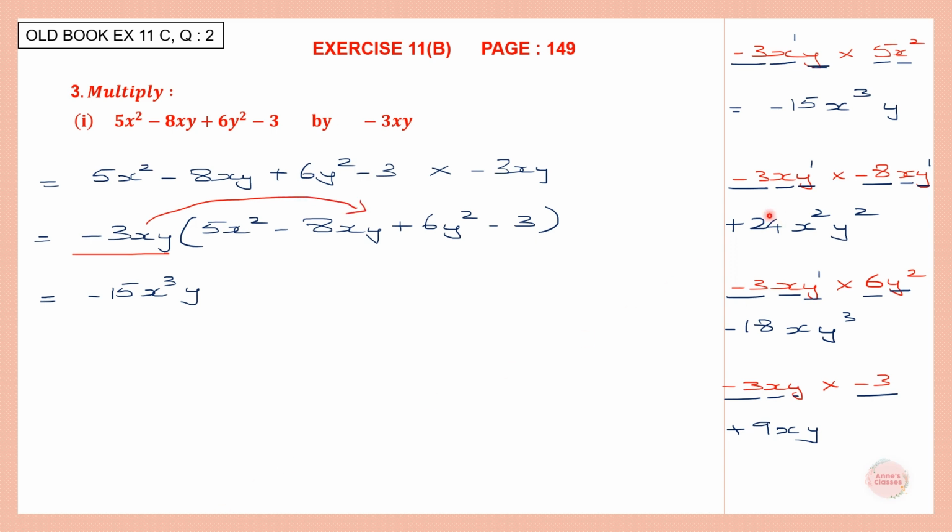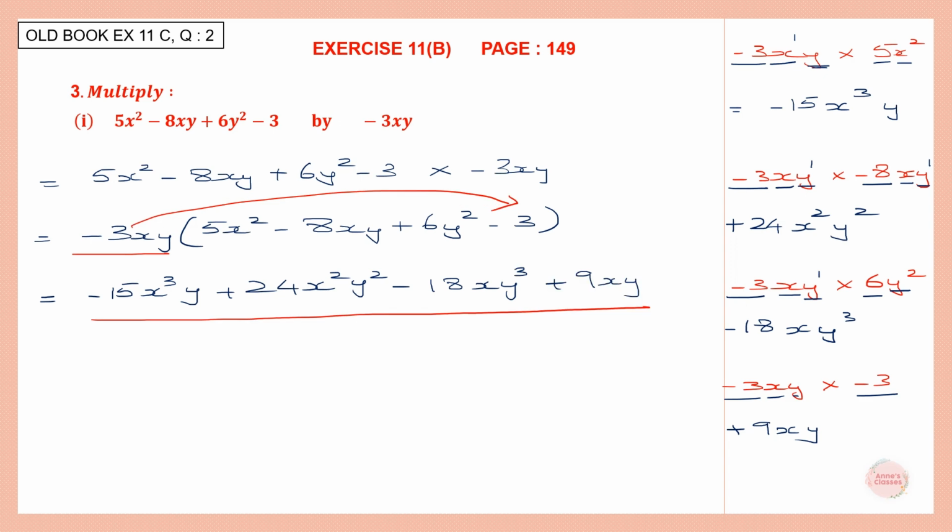That is minus 3xy into minus 8xy, which we've already finished, and the answer is plus 24x square y square. Now we multiply minus 3xy into the third term, that is 6y square, and we have done it here, and we've got the answer as minus 18xy cubed.